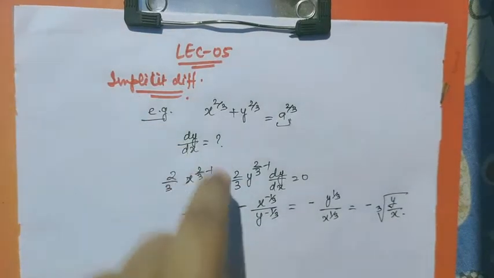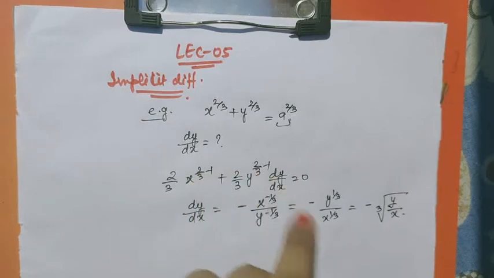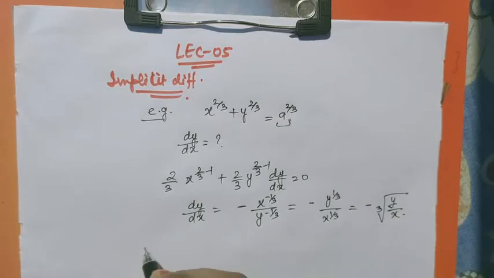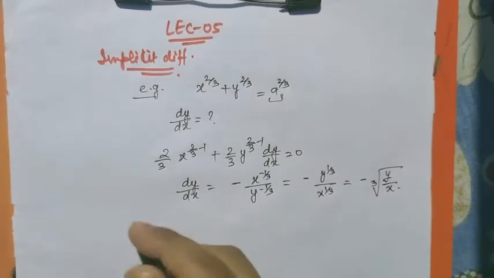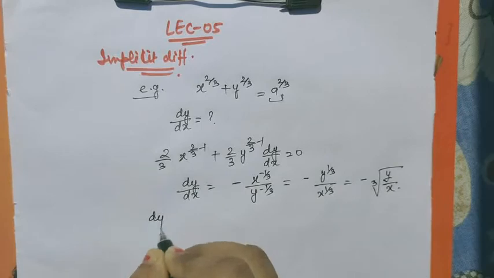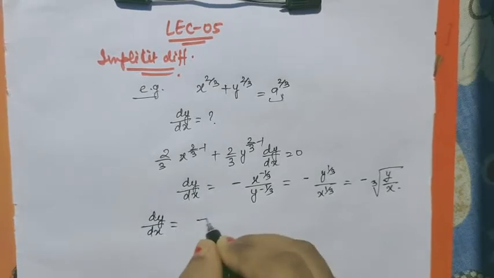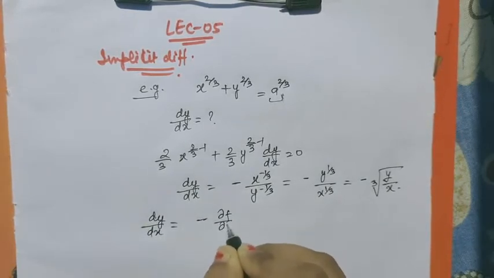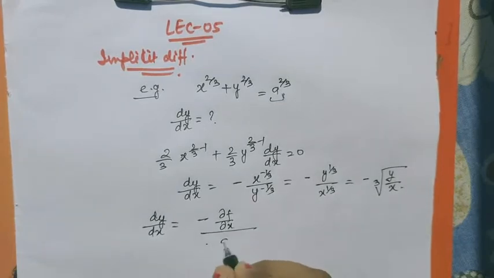Okay, now implicit differentiation says that you can solve a question by two methods. This is the normal approach. Now you can calculate the differentiation of implicit functions by using this formula. This is a direct approach, that is dy by dx will be minus del f by del x divided by del f by del y.